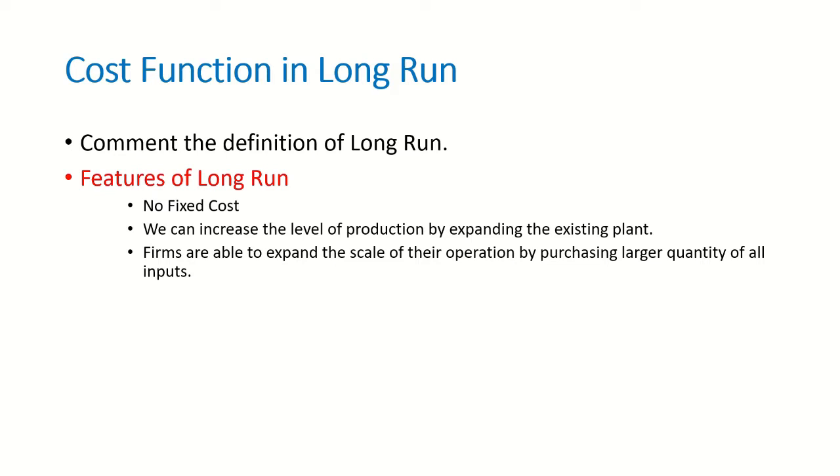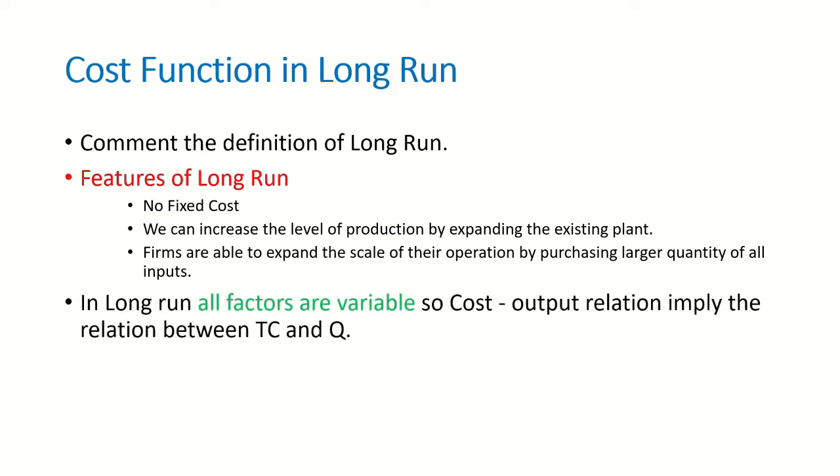You can purchase a larger quantity of raw material, you can employ more employees, etc. Another thing is that in the long run all factors are variable, because we can increase the size of all the inputs.